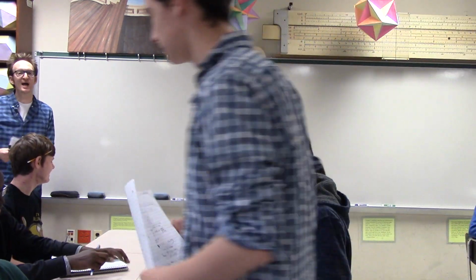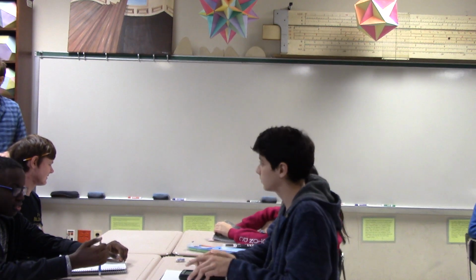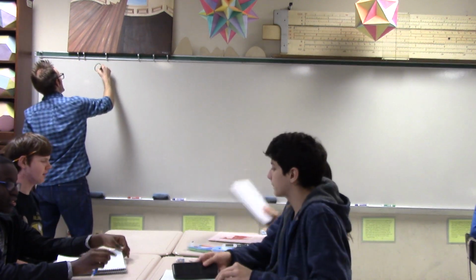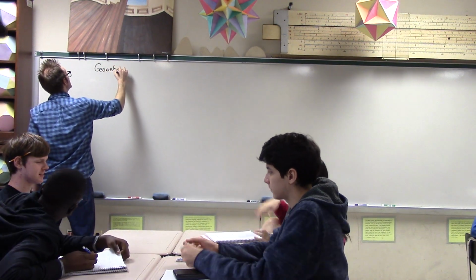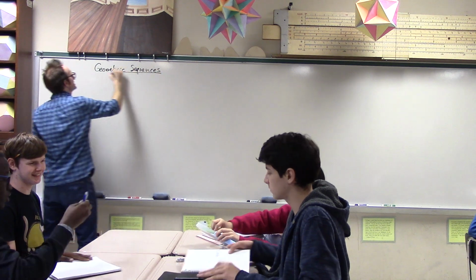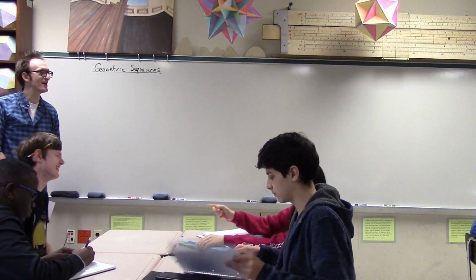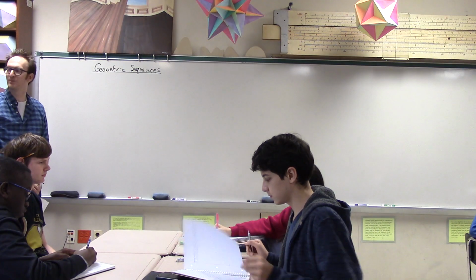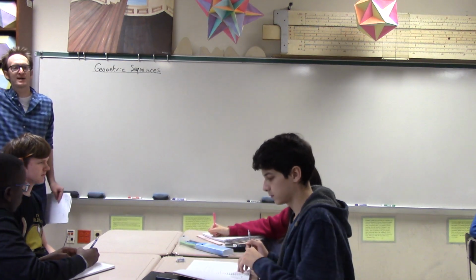All right. What's the other thing that students are learning in Algebra 2 classes all across the country? Geometric sequences. Woo! Ain't that interesting? One step up. What are geometric sequences? This is kind of basic. You just multiply by a number every single time.